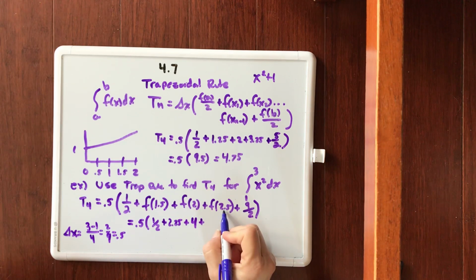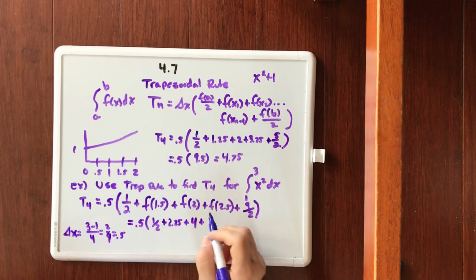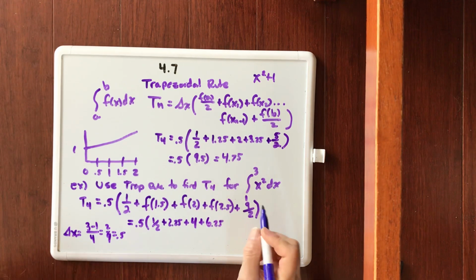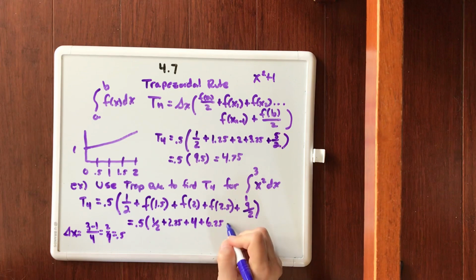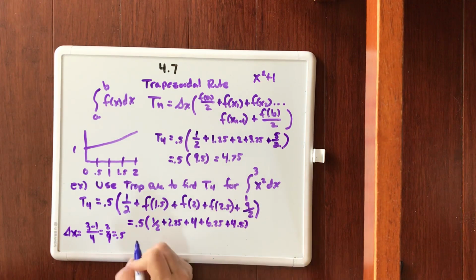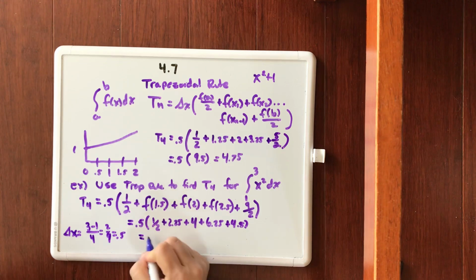F of 2.5 means we put 2.5 in there and square it, and we get 6.25. And then we have 9 divided by 2 plus 4.5. All right, so when we add all that together, multiply it by 0.5, we get 8.75.